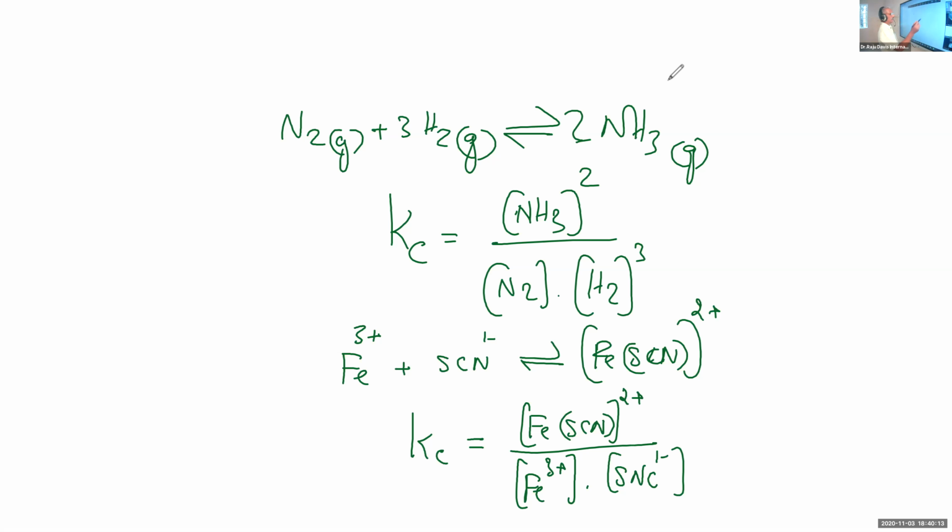Suppose we have a gaseous reaction, then instead of Kc, we will get another equilibrium constant Kp. Instead of the concentration, you write the partial pressures of the reactants and the products. Then the equilibrium constant is called Kp. So Kp has significance when there are reactions involving gases.